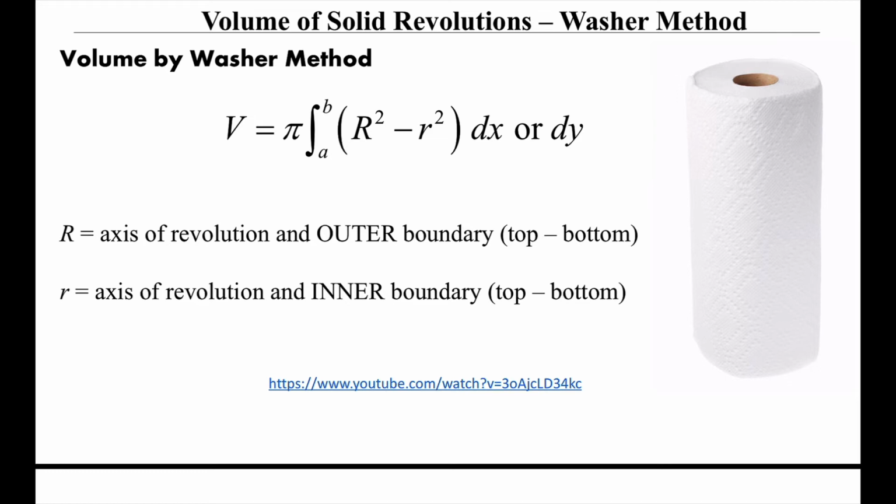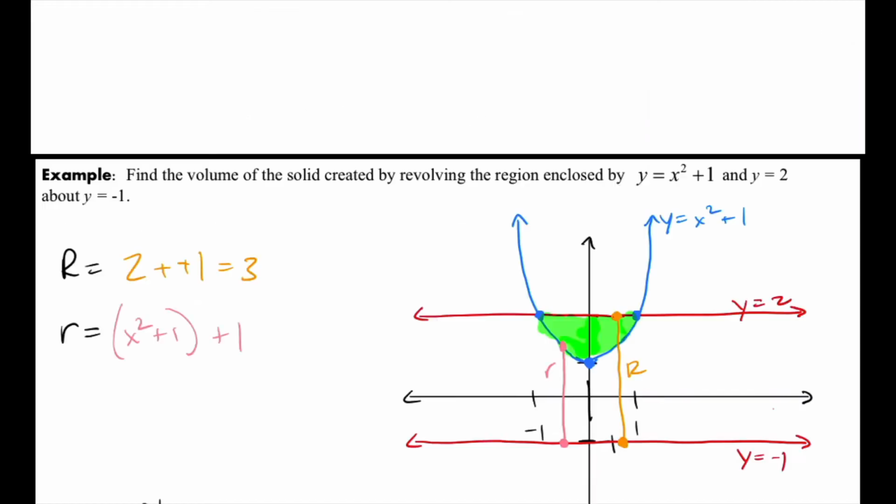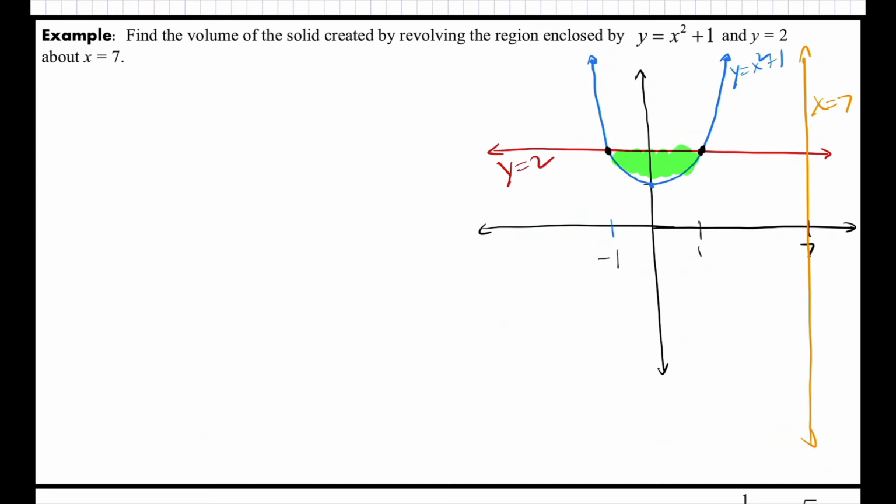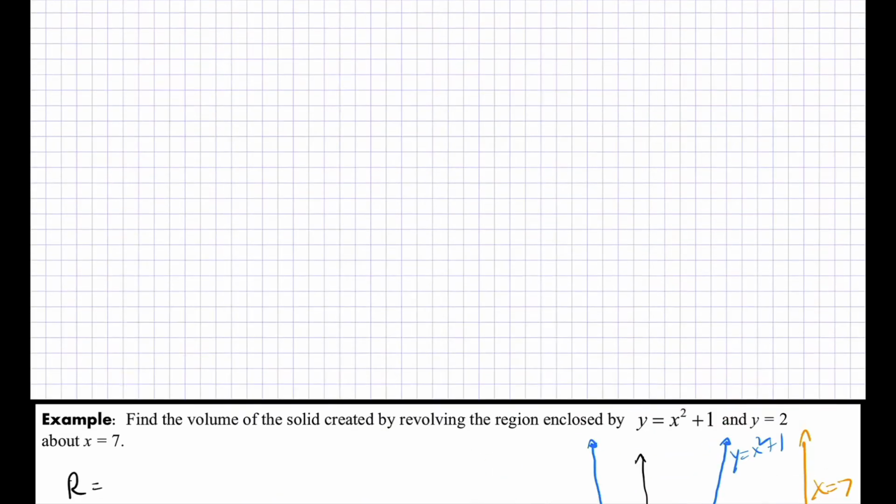Okay, so here's the thing about it. Big R and little r are exactly the same. We're still going to do a big R and a little r, and the volume is still going to be exactly the same formula.